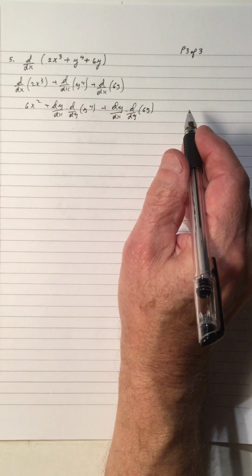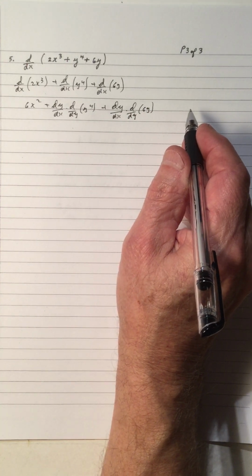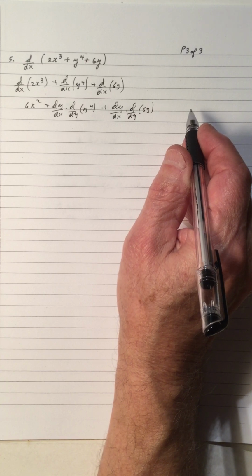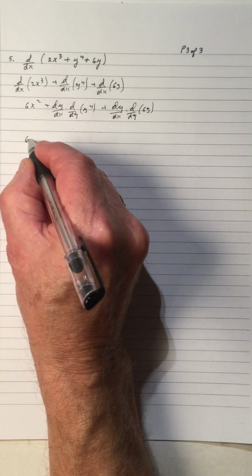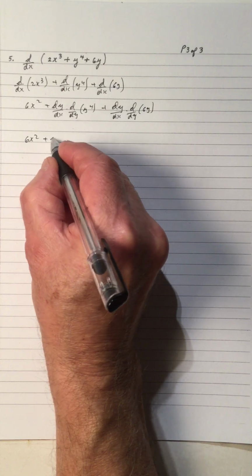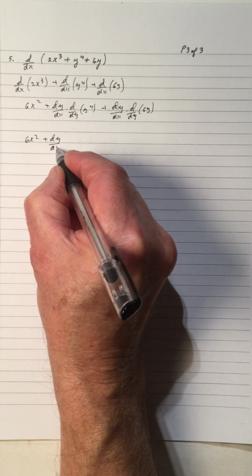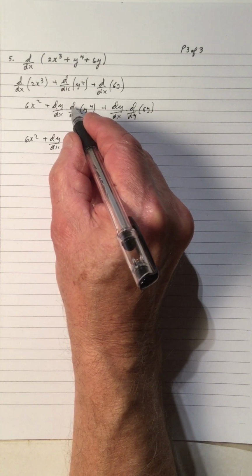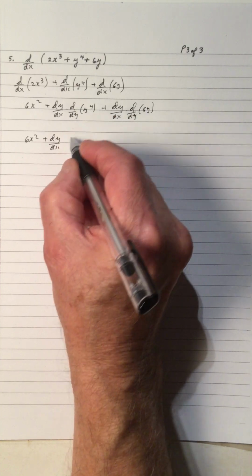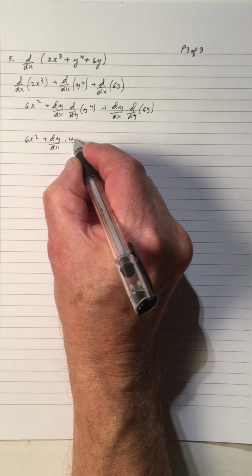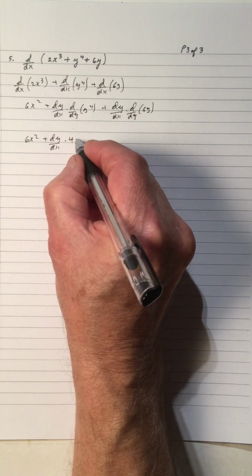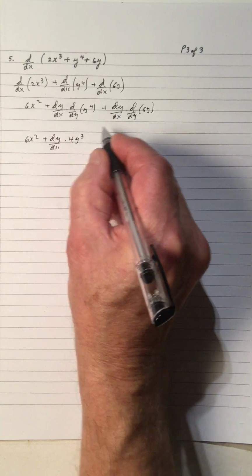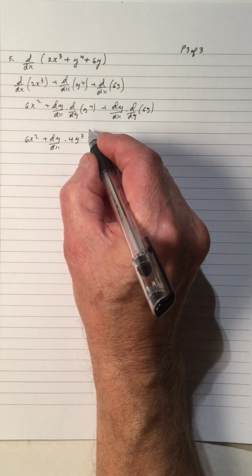And again, I'm explaining it out fully so you understand. So when I do the shortcuts, you'll see why. So we have 6x squared dy dx, and d dy on y to the 4th is 4. Goes in front, 4 times 1 is 4, and decrease the power, that's the power rule.